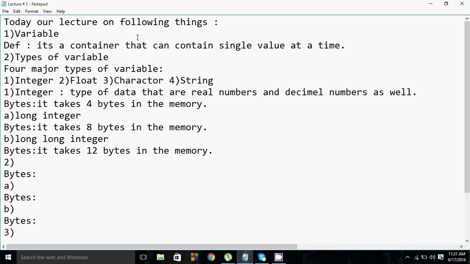The another type of data is float. Yes, float. It is a type of data that contains non-decimal numbers.